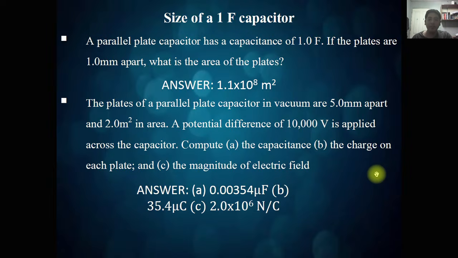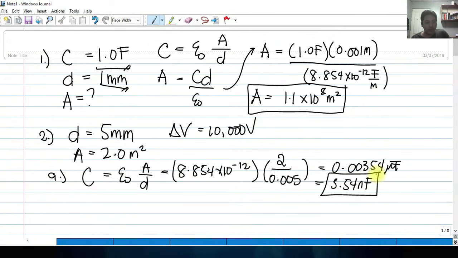For letter B, what is the charge on each plate? We have the formula C is equal to the magnitude of charge over the potential difference. We have a capacitor of 3.54 nanofarads.